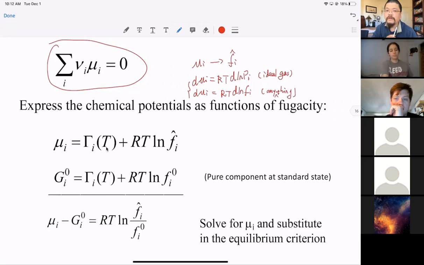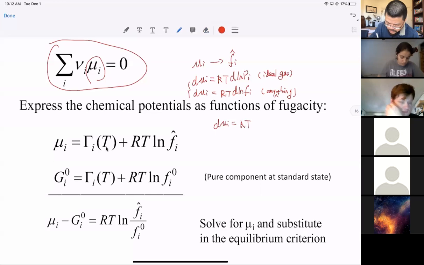Over there, we are not looking at d mu i, we are looking at mu i itself. So we have to solve for mu i, where we have to run the integration. So now if you are moving from d mu i equals RT d log fi, we run the integration from the initial to the final.